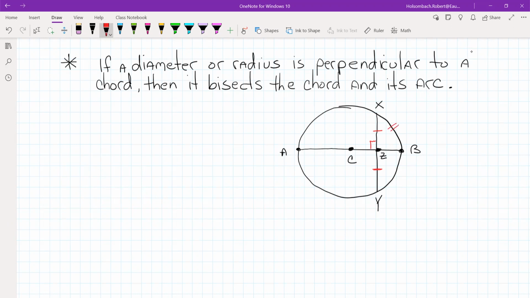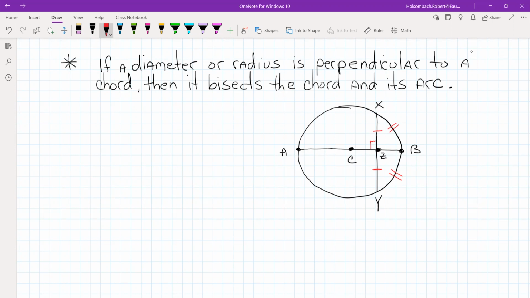So this portion of the arc is congruent to this portion of the arc. Everybody see it? A radius or a diameter intersecting a chord at 90 degrees splits the chord in half, and it splits the corresponding arc into two congruent pieces.